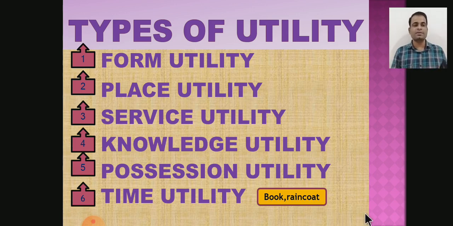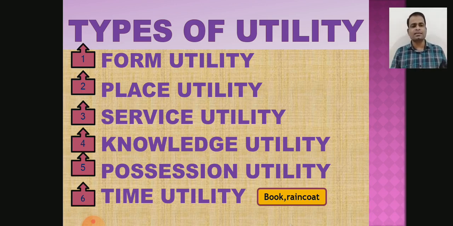During the examination period the book has more utility, but after the examination the utility of the book will be less for the student. So utility changes due to a change in the time of utilization.